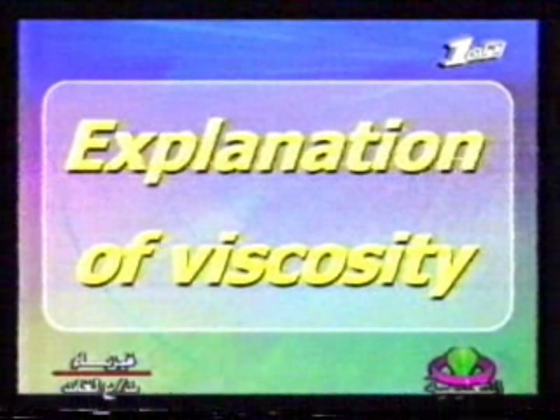Explanation of viscosity. If we have a thin layer of fluid placed between two flat plates as you see on screen, the upper plate is moving with a uniform velocity v, while the lower one is kept at rest. The liquid layer adjacent to the upper plate moves with the same velocity v due to the adhesive forces.